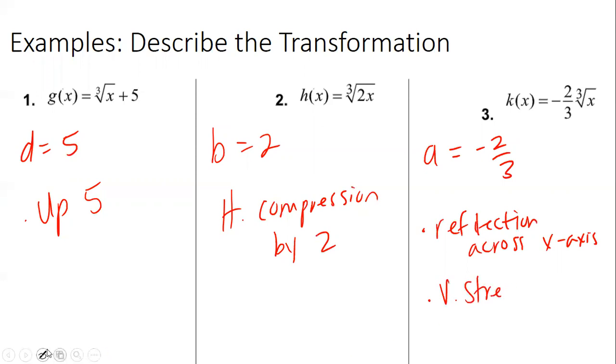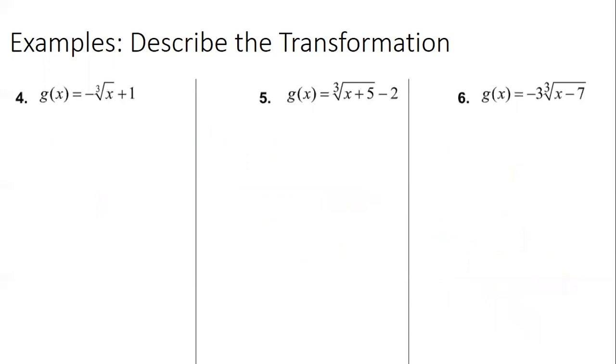I didn't mean to say stretch. It's A. So when it's 2/3, you're going inward. Oh, okay. So it's a vertical compression, a V compression or shrink, because 2/3 is less than 1, right? All right, good. Yeah. All right, let's finish it out.